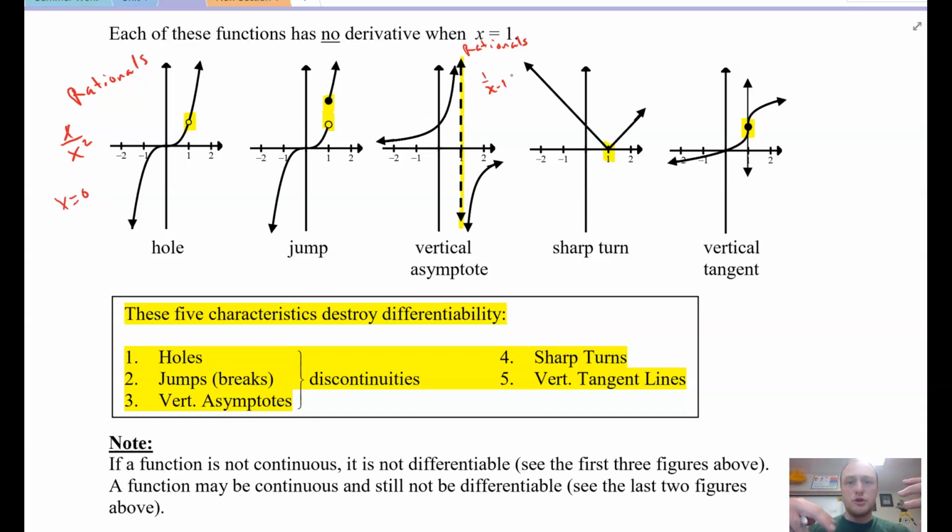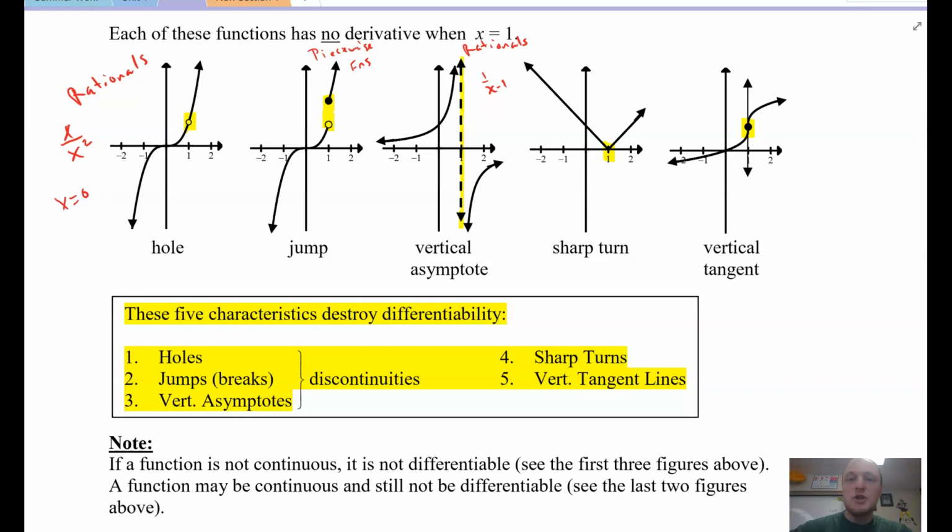We know jump discontinuities happen when we have piecewise functions, where our 2 pieces meet at the cut point and are not continuous. That's what produces them.